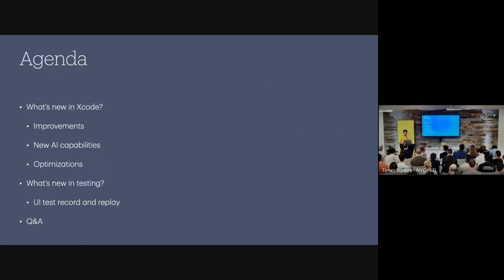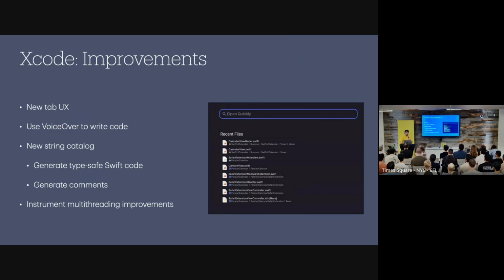I put more time on the things that I cared about, and also added notes on the things that I didn't, so hopefully we're aligned in our opinions. I'm going to cover some improvements, some AI stuff that most likely people are very excited about, some optimizations, and at the end, something that I've done in testing.